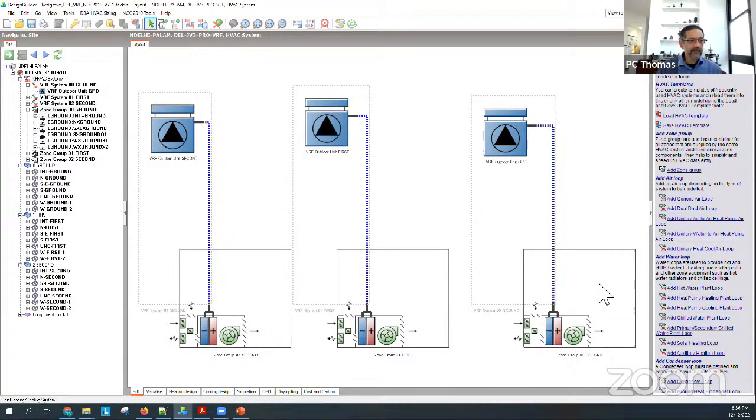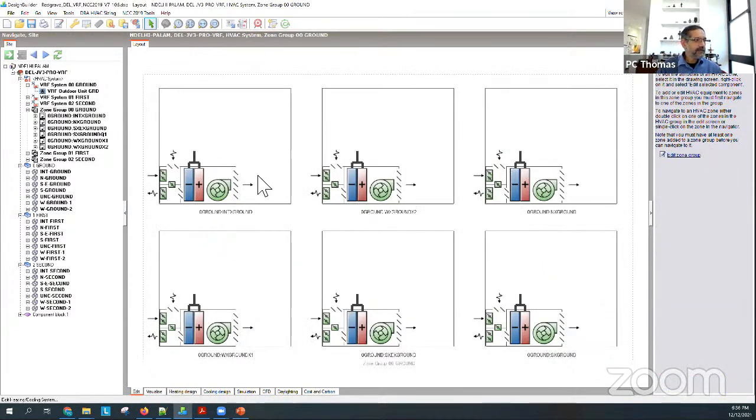If you double click on that zone group, it will tell you I have 6 zones on that outdoor unit. Okay. And if you set it up, it will automatically size the indoor unit for the load that indoor unit will see. So it will auto size each one to what it needs to be.